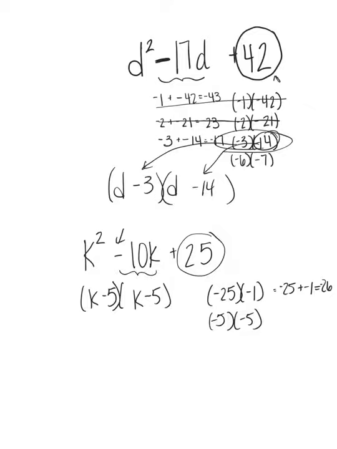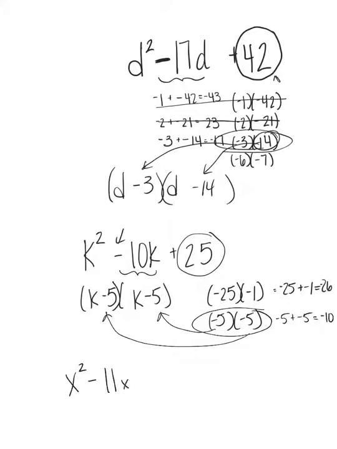I want it to equal my b. So what about negative 5 plus negative 5? Well, that equals negative 10. So these are my terms.